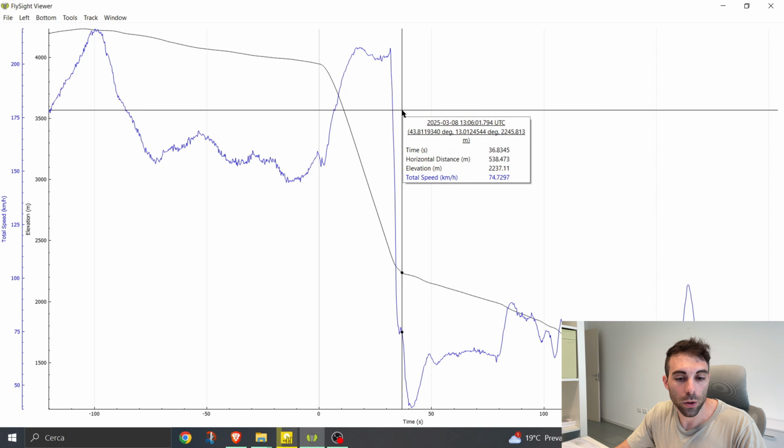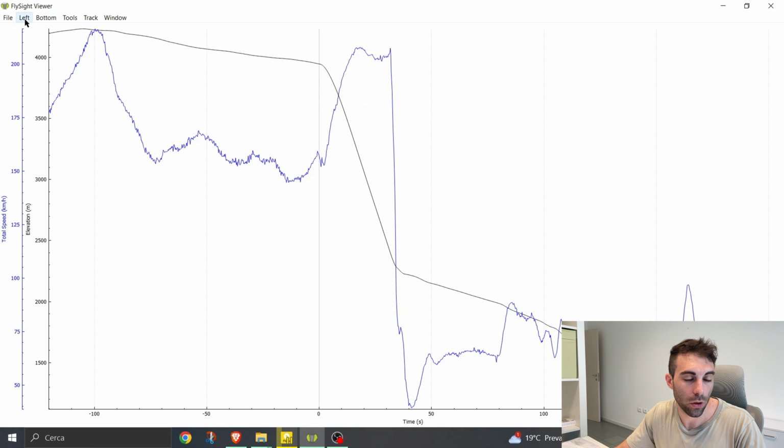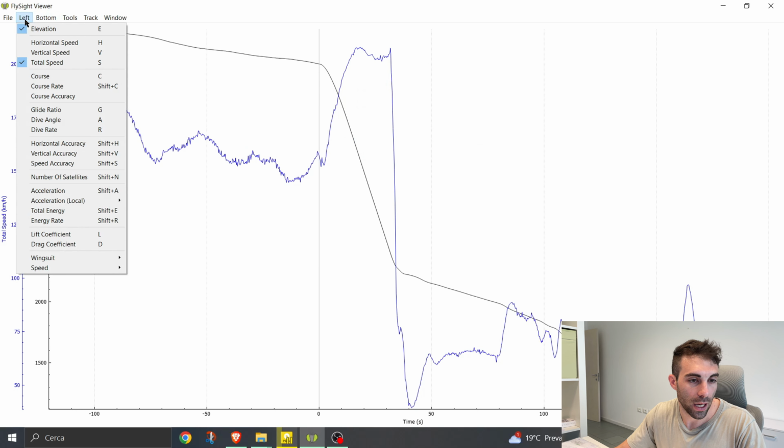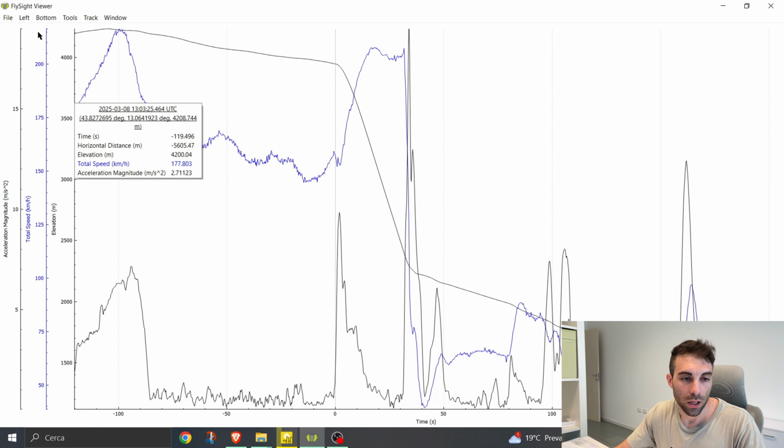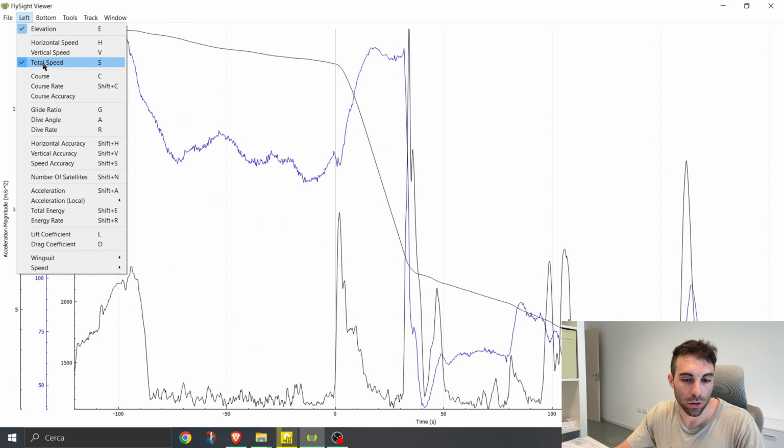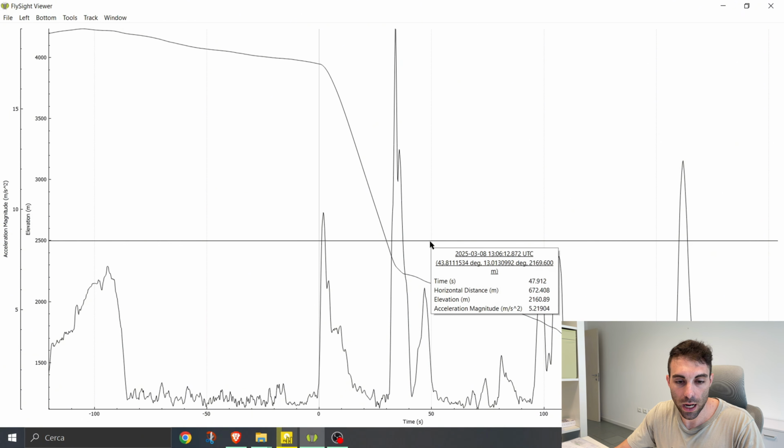And if we want to see what happened when I open the parachute, we have to go here on the left and select acceleration, or if you want, acceleration magnitude. Let's hide the total speed for now.